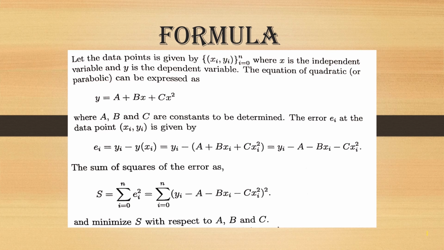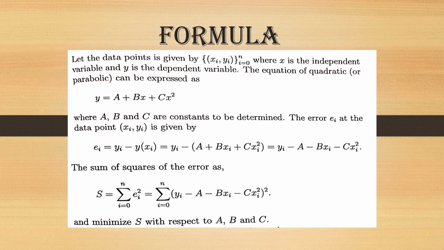The error ei is given by ei equals yi minus y of xi. Y of xi we can substitute by y equals a plus bx plus cx squared, so that we get the equation ei equals yi minus a minus b xi minus c xi squared.